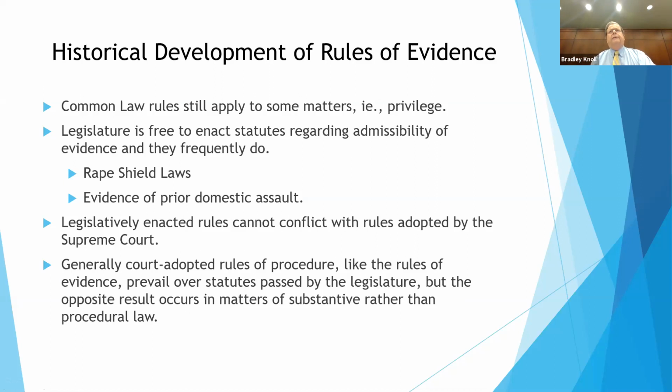The legislature has also passed an enactment where the prosecutor would be allowed to produce evidence of prior assaultive conduct by a defendant as a means of trying to prove their case in a domestic assault situation. And again, it does not conflict, though it comes close to conflicting with the rules that we have regarding character evidence, but at this point it's a statutory enactment that the courts follow, even though it came from the legislature.